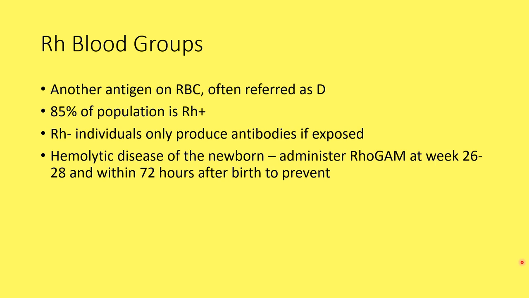One of the major issues, or problems with this, is if you have a mother who is Rh negative and she is pregnant and the fetus is Rh positive. If the mother has previously been exposed and has antibodies against that Rh factor, you can have severe consequences. The mother's blood does not mix with the blood of the developing fetus.